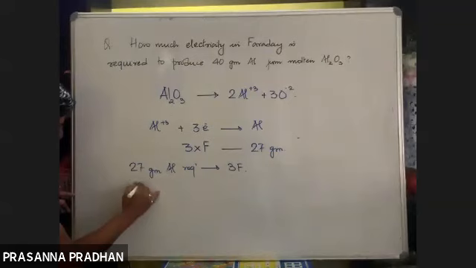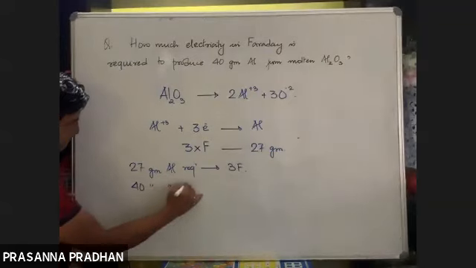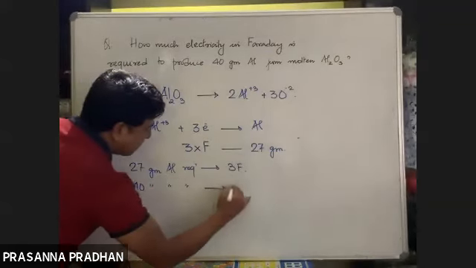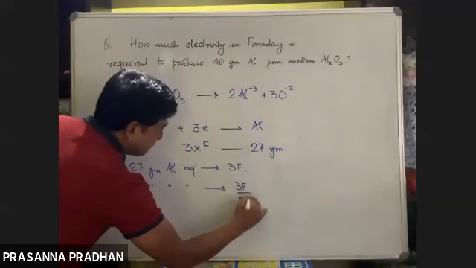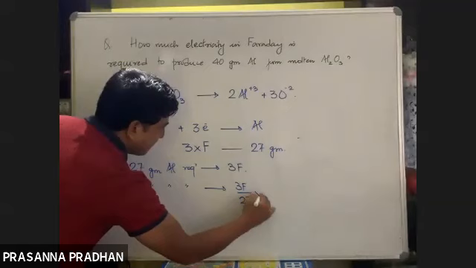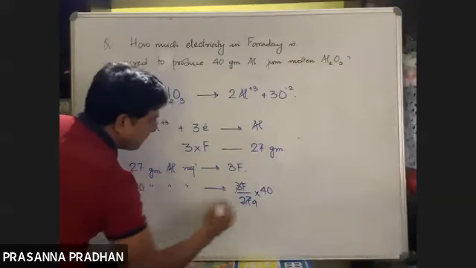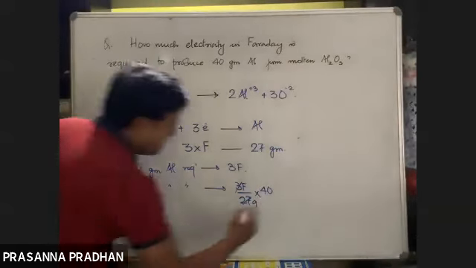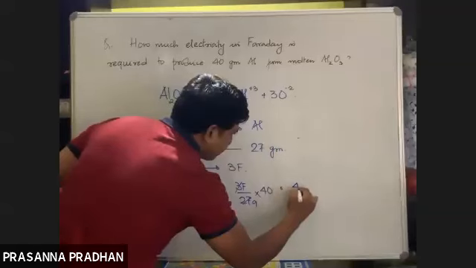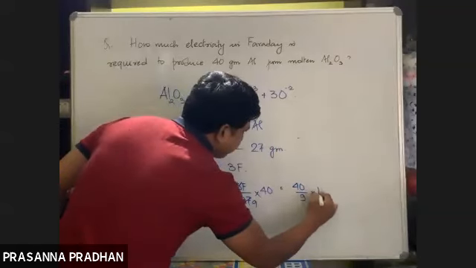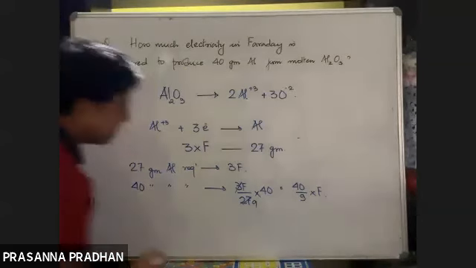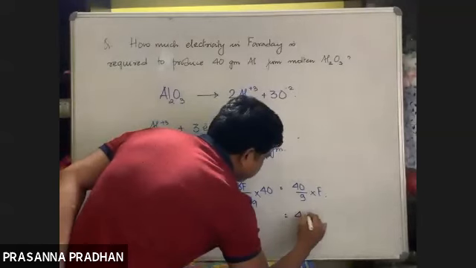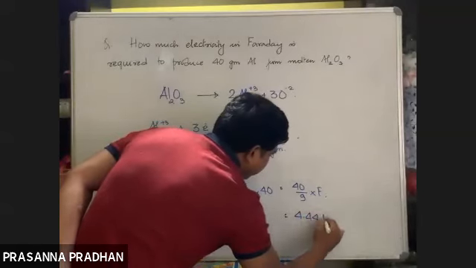So 40 gram of aluminium will require 3 Faraday divided by 27 multiplied by 40. So 3 9s are 27, so it will be 40 divided by 9 into F. So this will be the answer: 4.44 Faraday.